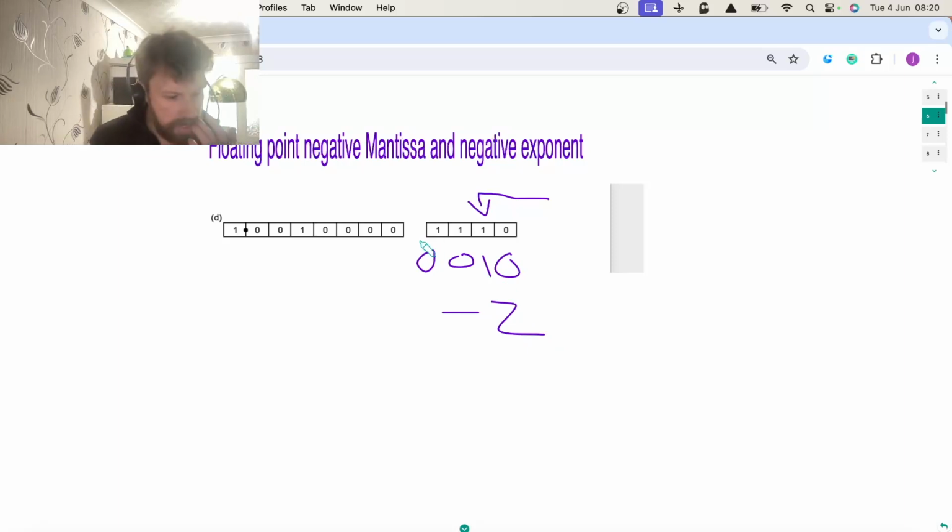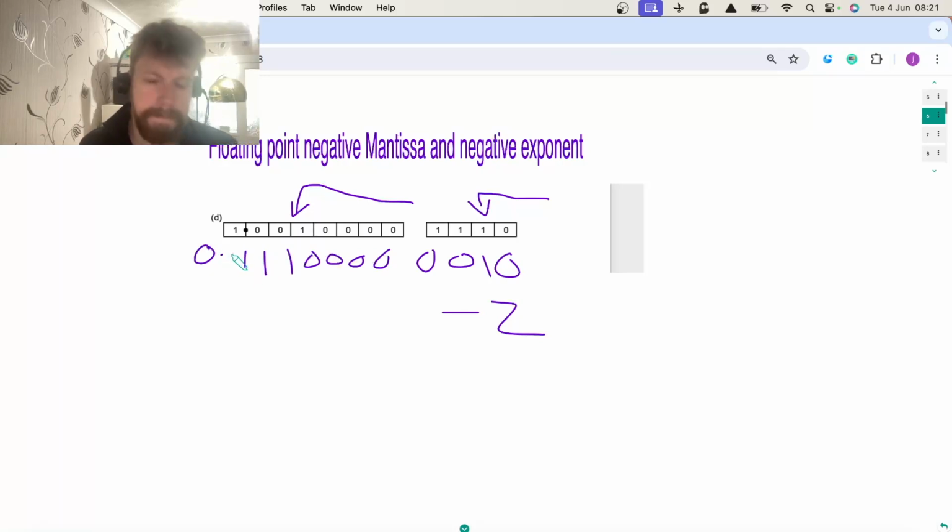Now what we would do before we added, we would 2's complement this first, and then we're going to add the zeros in. So I go right to left, so it goes to this one. Everything at it and before it stays the same, 0 0 1, and then everything after it's flipped, 1 1 0, decimal point in there. Now this is telling us that we need to move it 2 places.